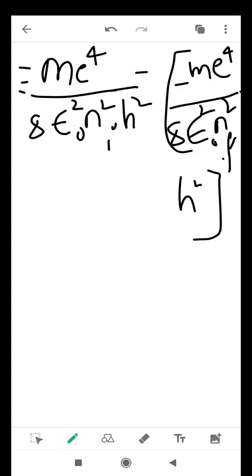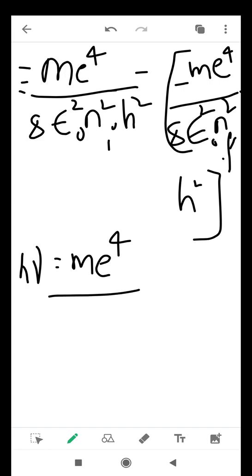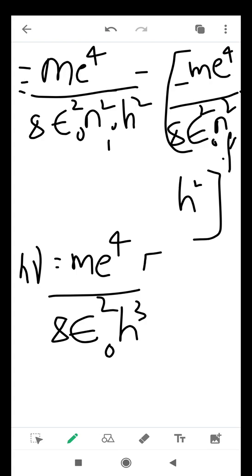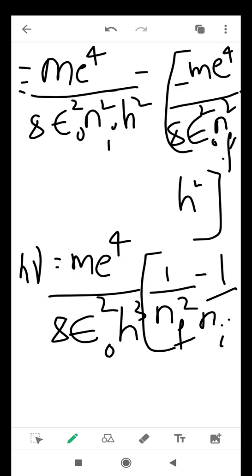So therefore we'll get h nu is equal to, by taking some of the terms common, m e raised to 4 divided by 8 epsilon naught square h cube into bracket 1 divided by n_f square minus 1 divided by n_i square.